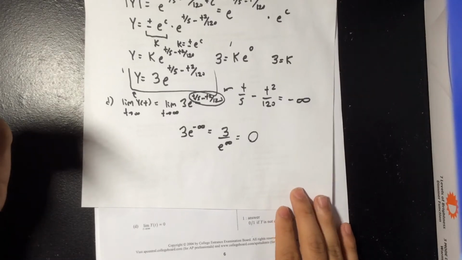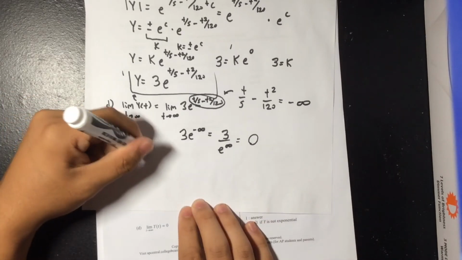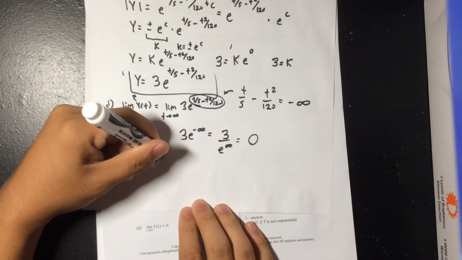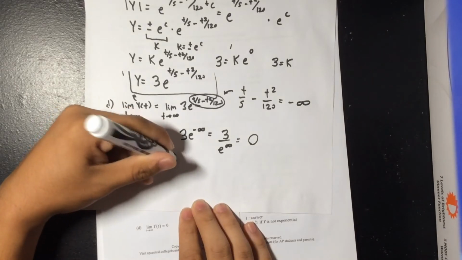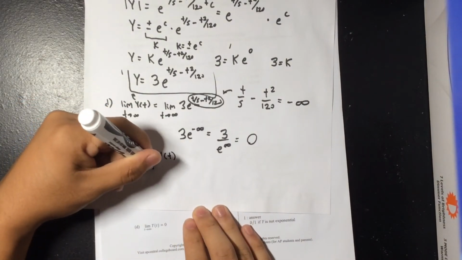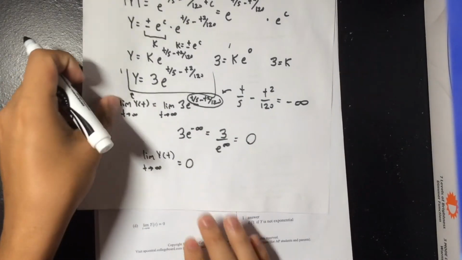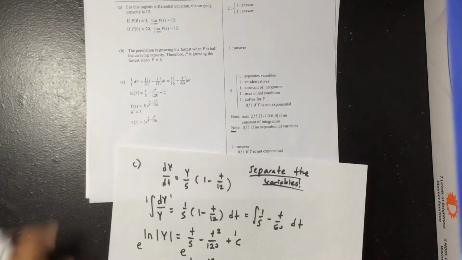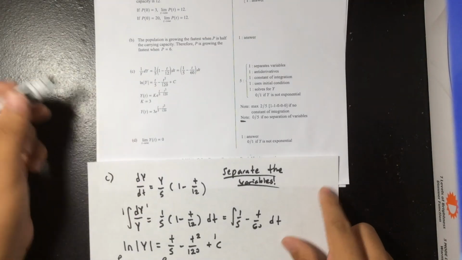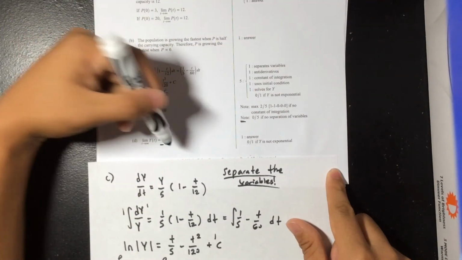You see that? So basically the limit of y of t as t approaches infinity is equal to 0. And there we go. On the grading rubric, that's basically just 1 point for getting the answer.